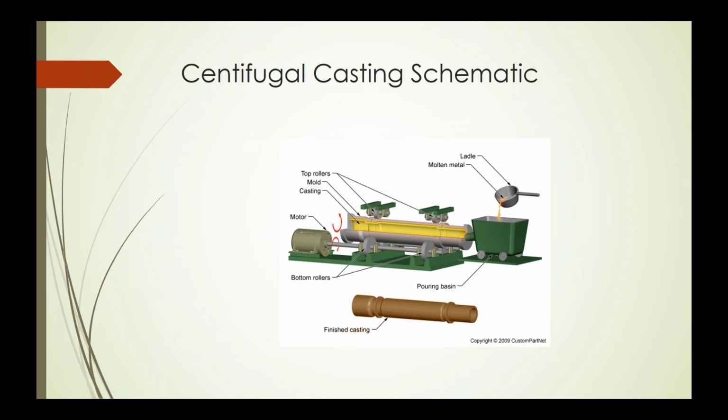Now, like I said, it doesn't have to be a completely simple casting, such as a tube or a pipe. It can have lots of different shapes and bosses and attachment points. In this case, it's wider at the bottom or the left side of this and narrower at the top.